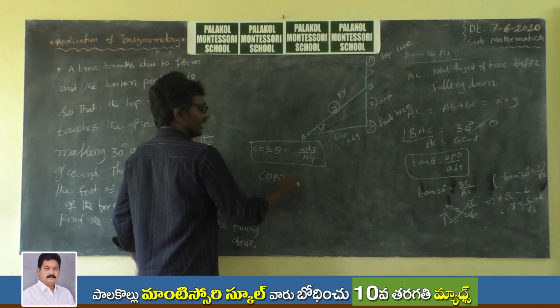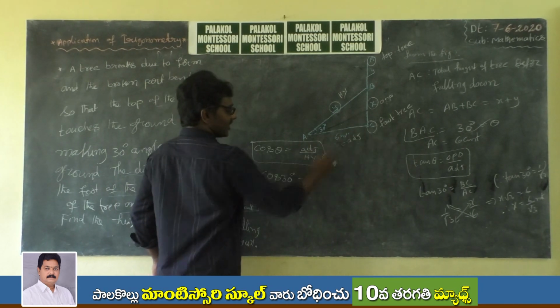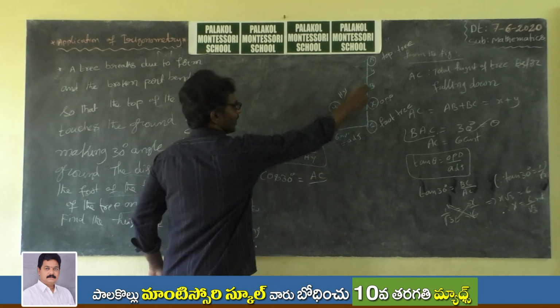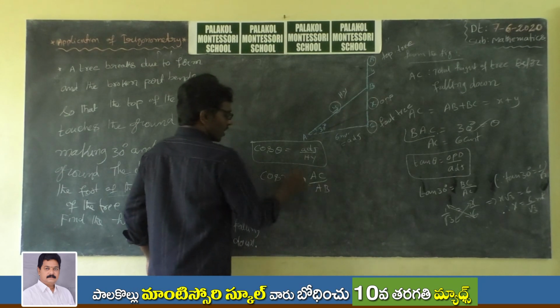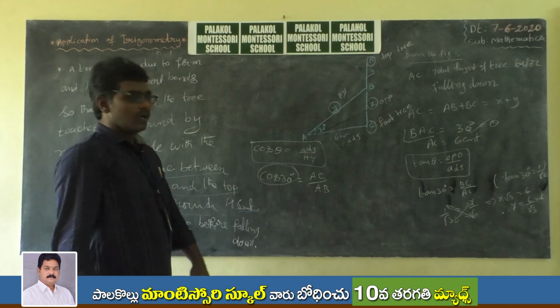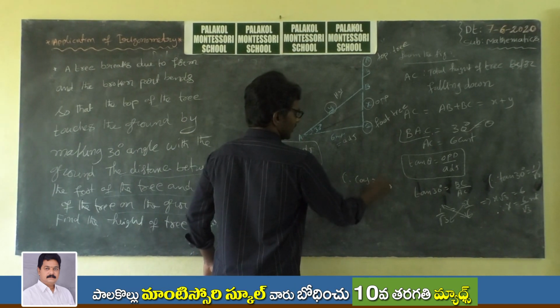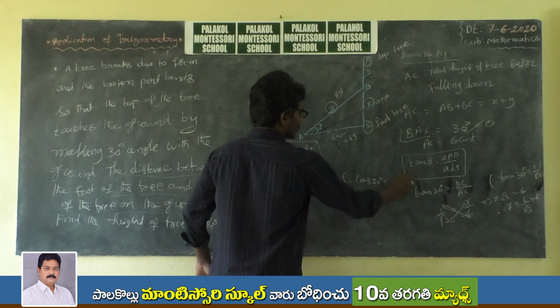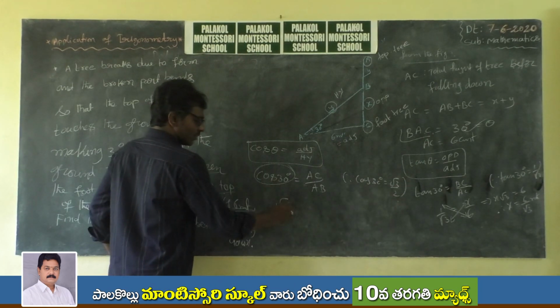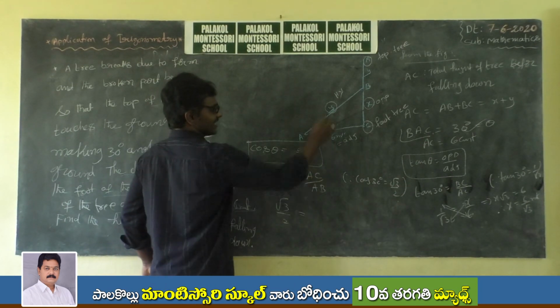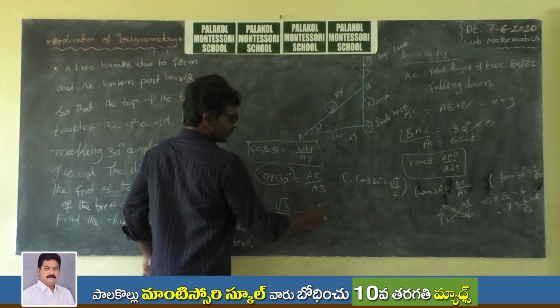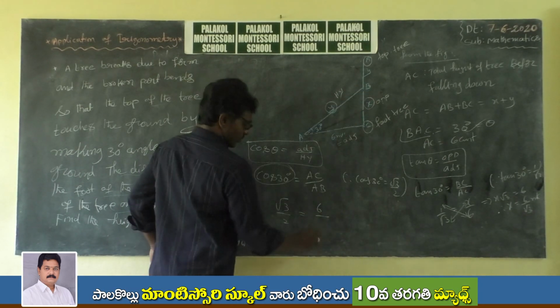Cos theta is the adjacent side by the hypotenuse. With theta equal to 30 degrees, cos 30 degrees is equal to the adjacent side AC by the hypotenuse AB. Cos 30 degrees is root 3 by 2. Putting the values, root 3 by 2 is equal to AC 6 by AB y.